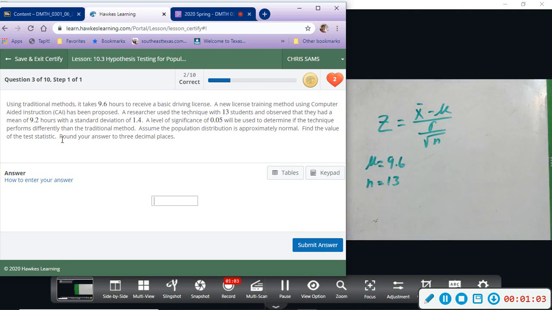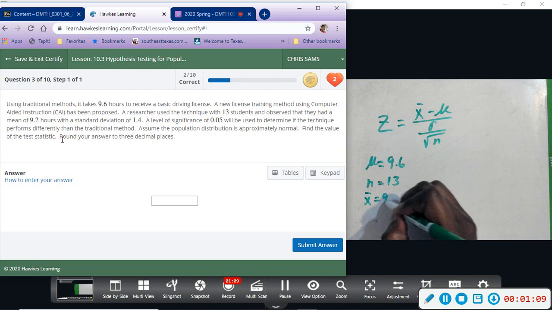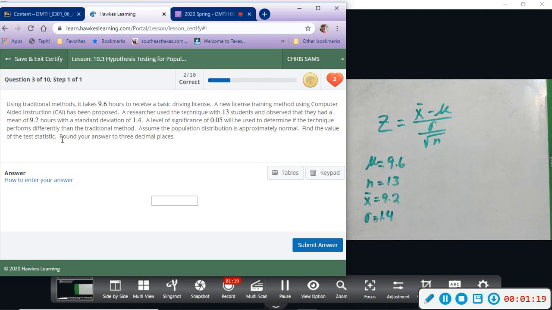They had a sample mean x bar of 9.2, with a standard deviation of 1.4. And it says use a level of significance of 0.05.